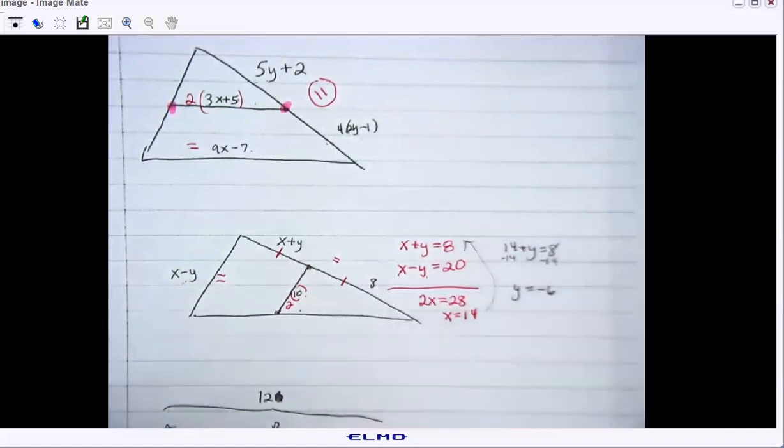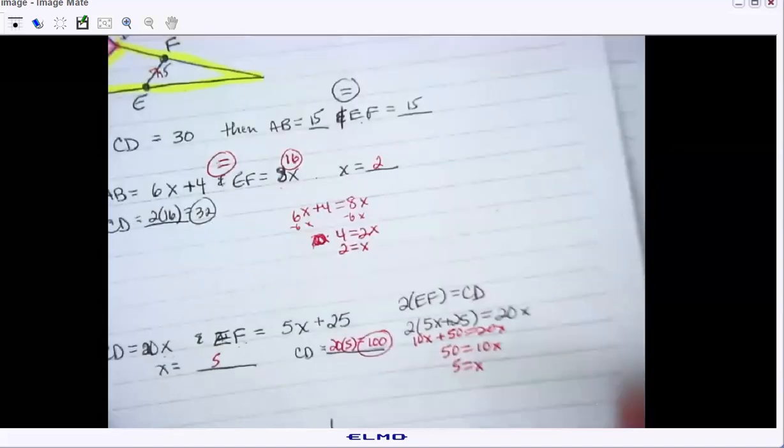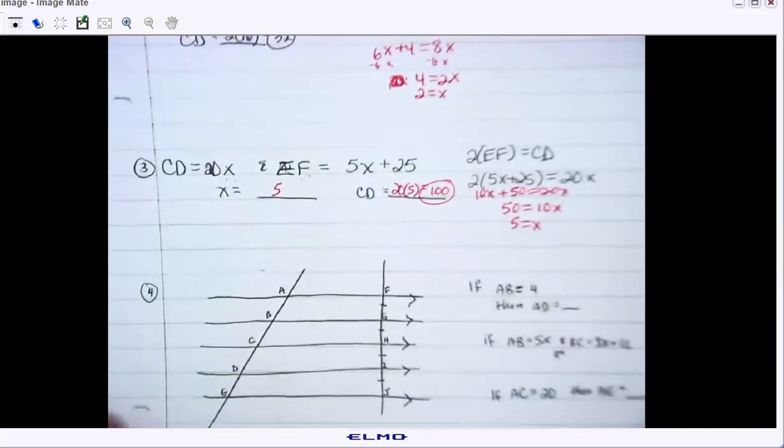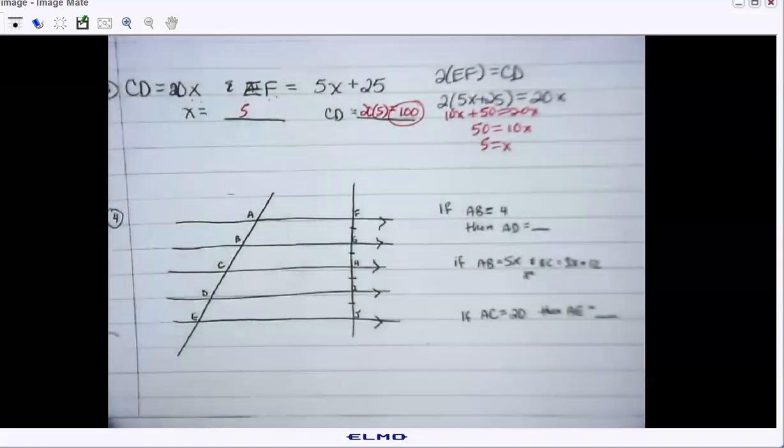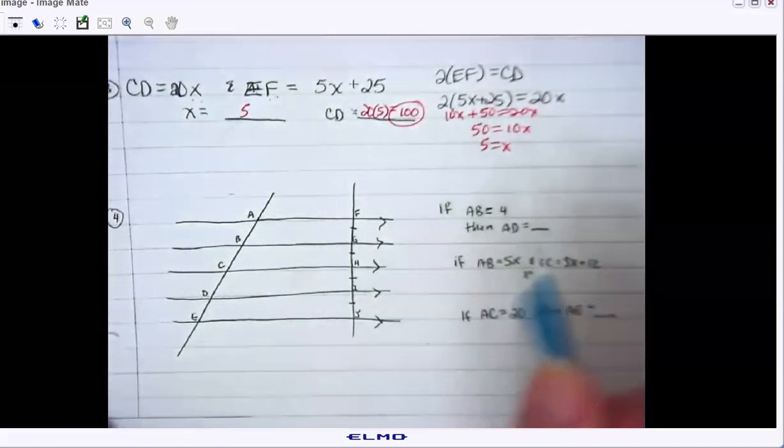Okay, let's go back to the last problem. And that's this funny looking problem right here. We got this ladder looking thing. Okay.